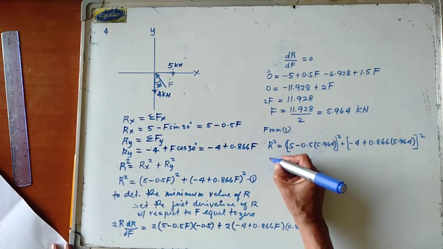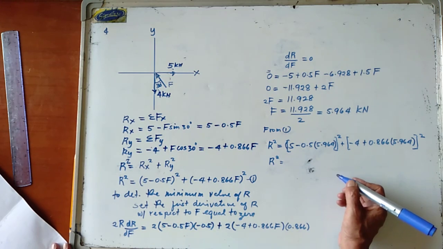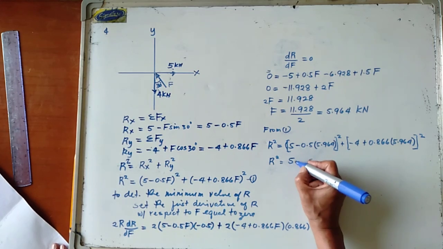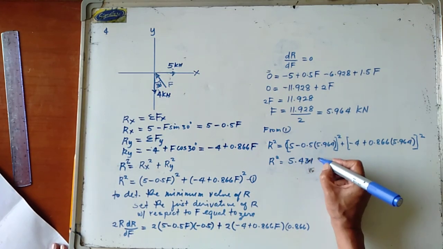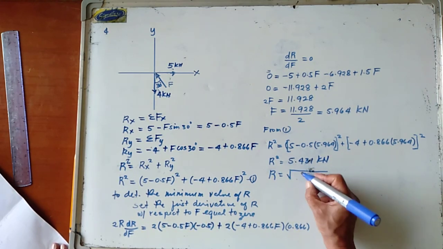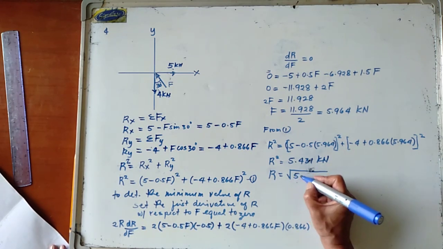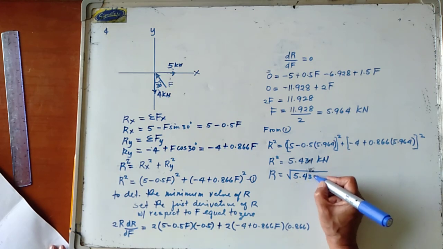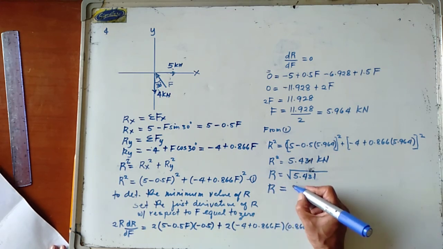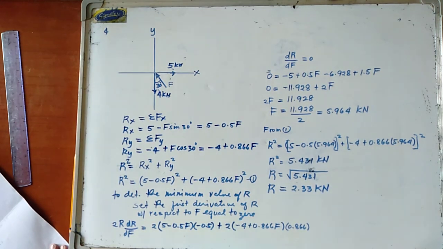So your R squared is equal to 5.431 kilonewtons, and therefore your R is equal to the square root of 5.431, and the value of R therefore is 2.33 kilonewtons.